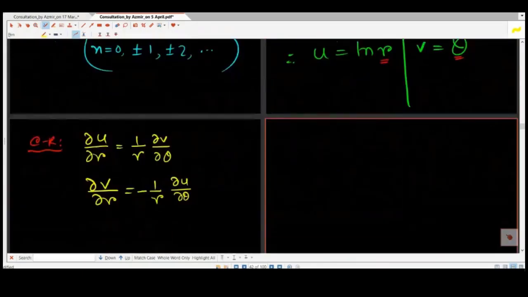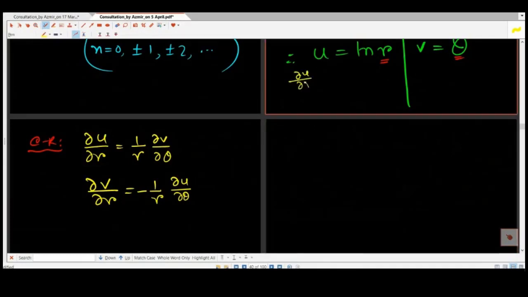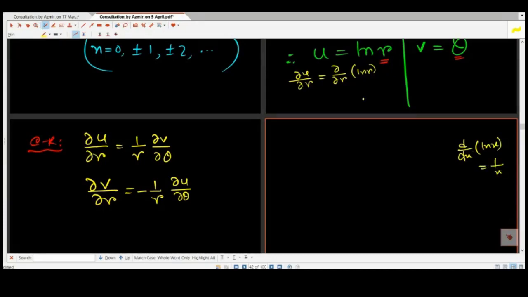So you can see that we have to find du dr and du d theta. Let's find du dr. That means we are differentiating natural log of r in terms of r. We know d dx of natural log of x equals 1 over x, so it will be 1 over r.